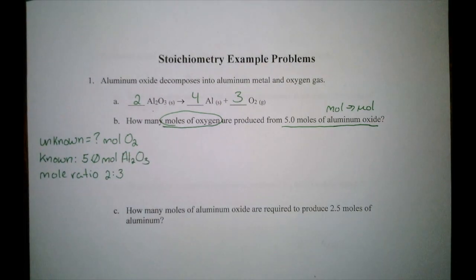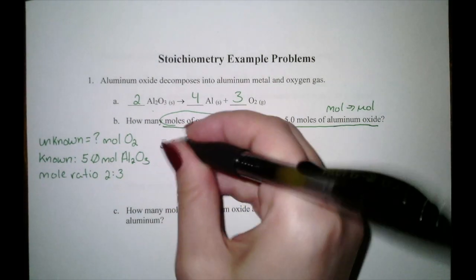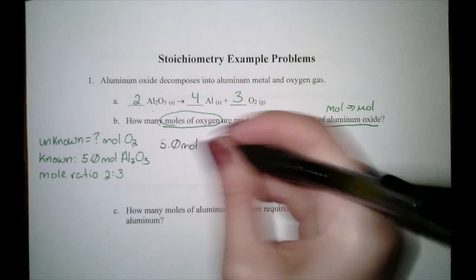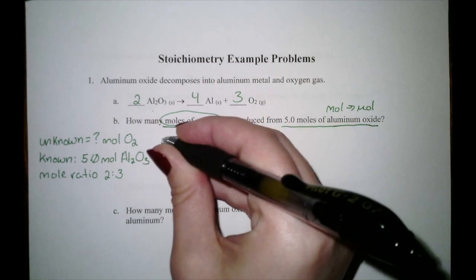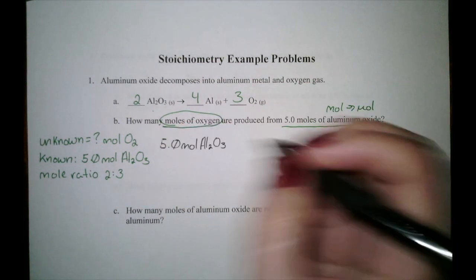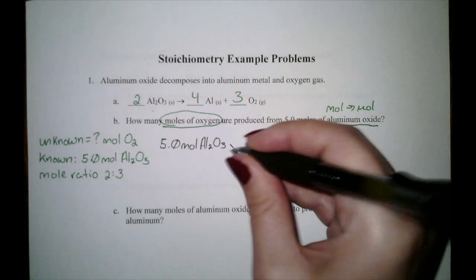So now I can actually start to set up my problem. I'm going to start with the given amount that I have, which is my 5.0 moles of aluminum oxide. Make sure you are always labeling everything with units and with what substance we're dealing with.